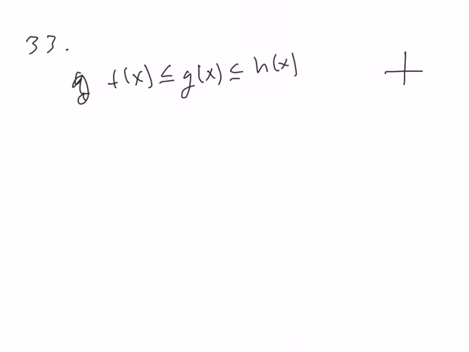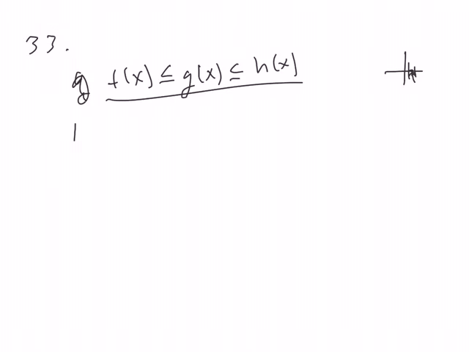If we have the condition f of x is less than or equal to g of x is less than or equal to h of x, for all x near a. So let's say this is a over here. This is where we're trying to find the limit. We have this condition for all x's near a, except maybe at a, because we don't care about that.